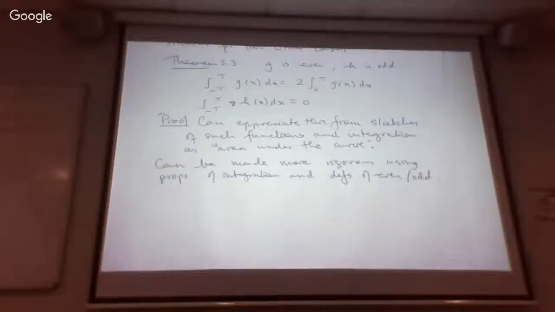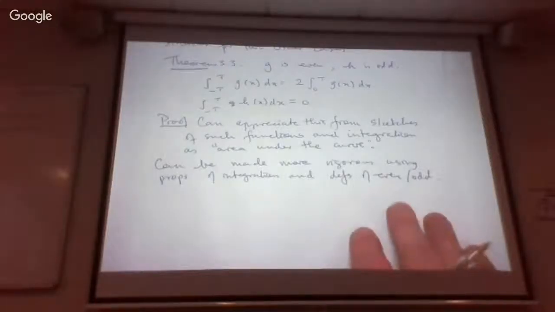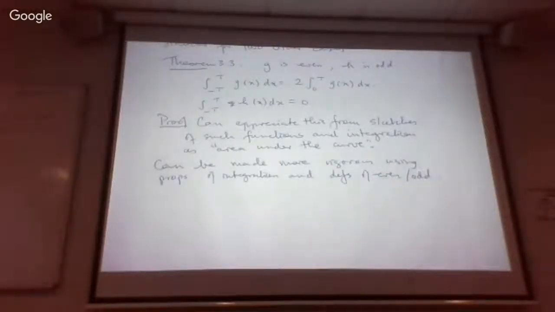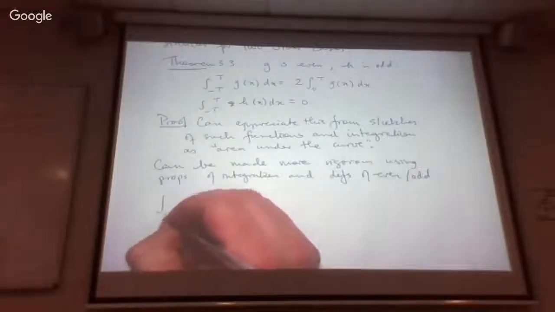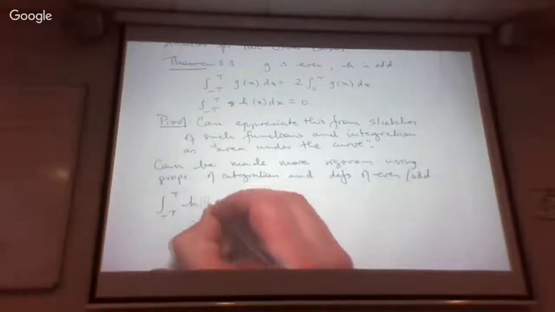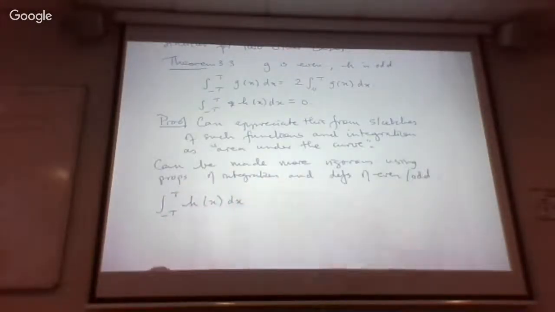So for instance, I won't give both arguments, but you just focus on the odd one. The odd one is the important one: the integral of an odd function is 0. So how might we prove this? Well, all we know about the function h is that it's odd, and that it's possible to integrate it.